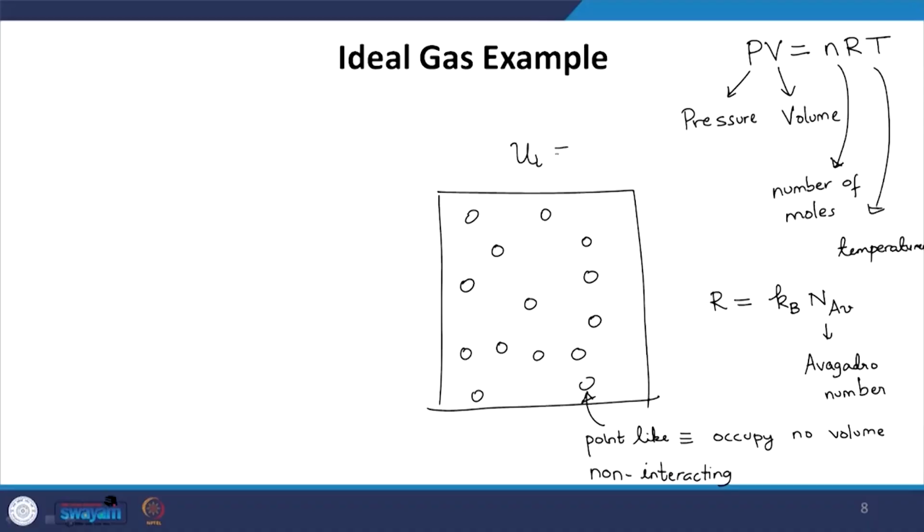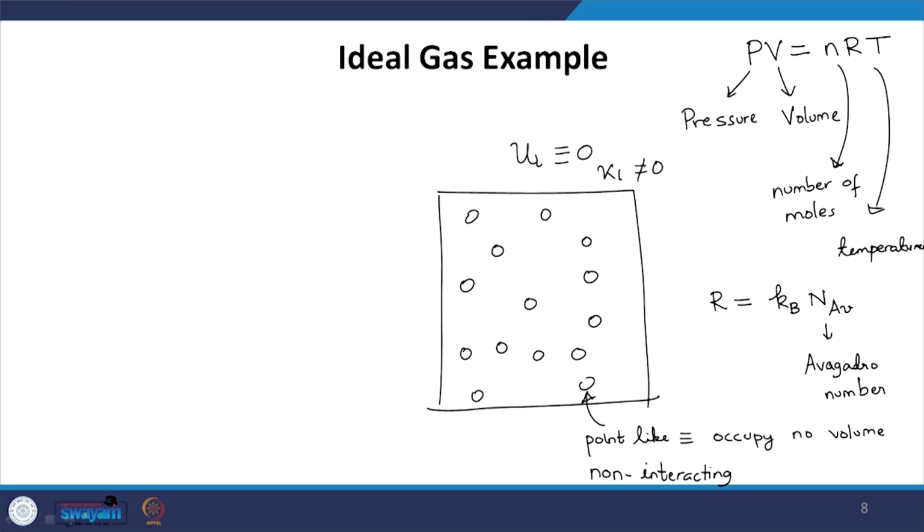So, as you may imagine, in an ideal gas, entropy is the only driving force that dictates how the energy is being distributed, and energy in this case is simply the kinetic energy of the molecules. The potential energies have to be equal to 0 because there is no interaction between the molecules, but the kinetic energy is not equal to 0.